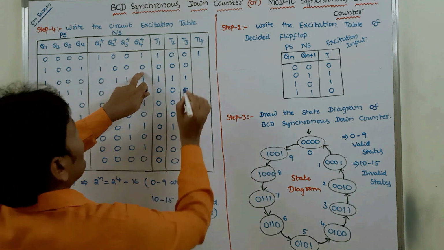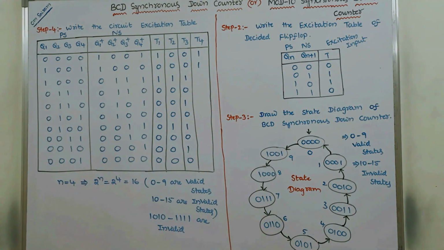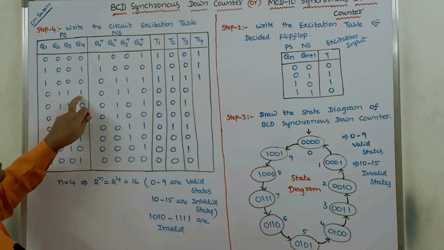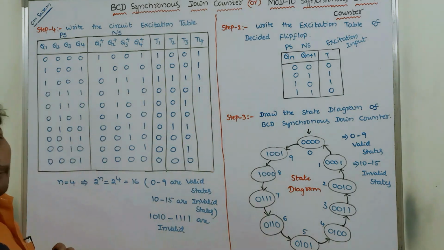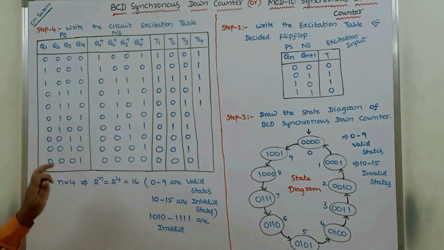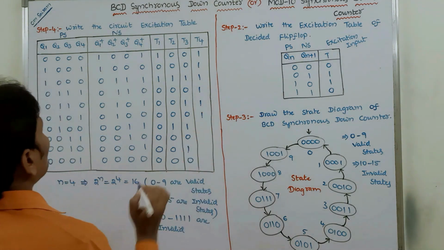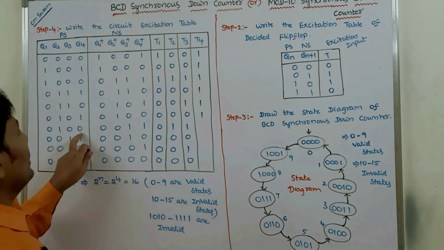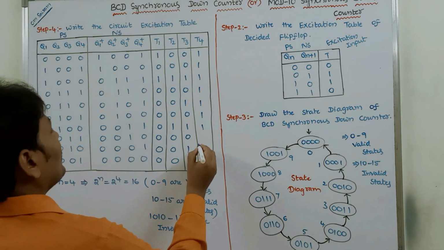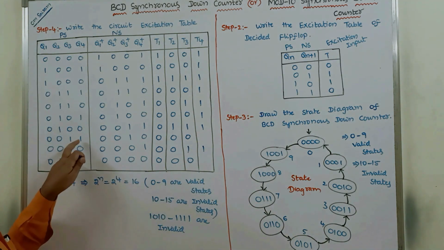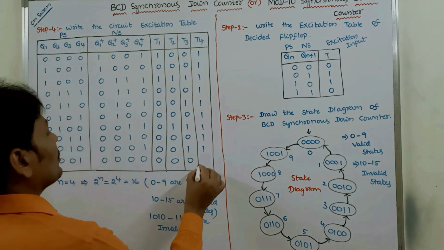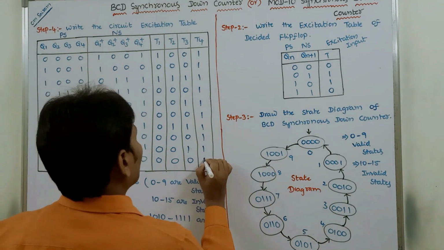In all ten rows, both bits are different, so T4 value is 1.